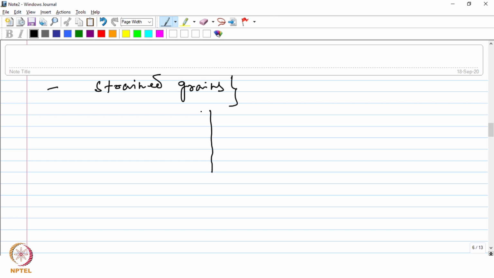Okay, so let's say you have this boundary between two grains A and B. Grain A has low strain and B has high strain.